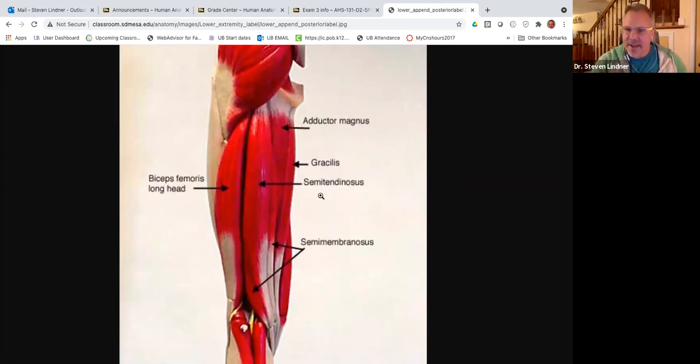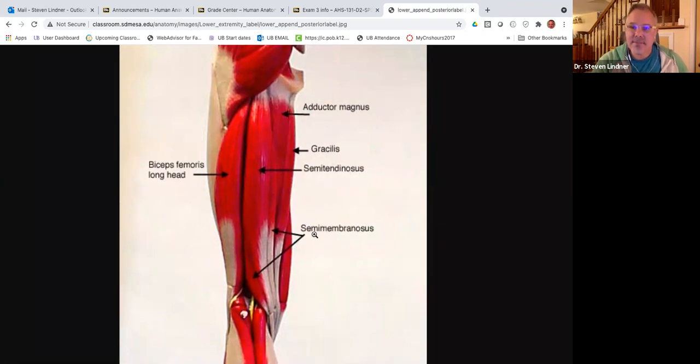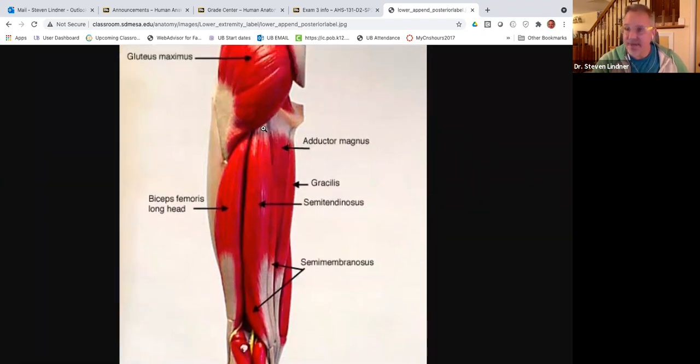The other two hamstrings are the semi-sisters, the semitendinosus and the semimembranosus. So we have the biceps femoris lateral, and we have the semi-sisters medial, semitendinosus and semimembranosus. They also originate on the ischial tuberosity.